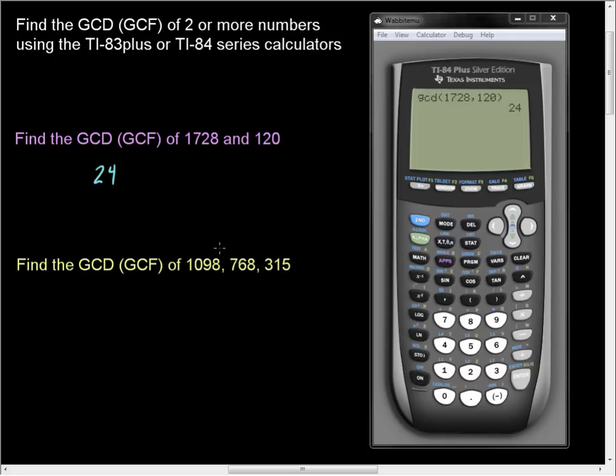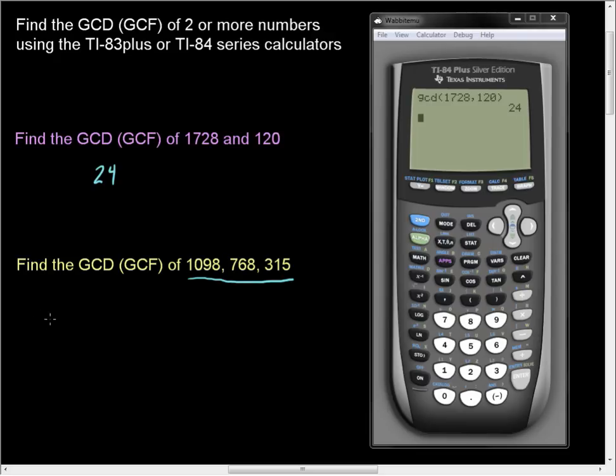Let's go ahead and try to find the greatest common divisor of these other three numbers. Now this one tends to be a little bit more difficult. It's not really once you get the hang of it, but initially it can be a little rough. Here's our goal: we're going to embed a greatest common divisor command within a greatest common divisor.